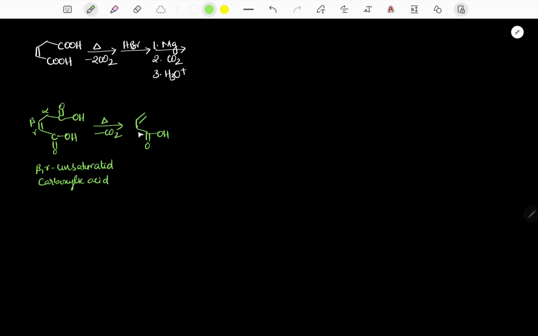Again, if you observe the reactant, it is alpha, beta, gamma. So again it undergoes decarboxylation and finally gives the corresponding product: alpha beta double bond, beta gamma single bond. So this is our final product after decarboxylation. Now it is treated with HBr.